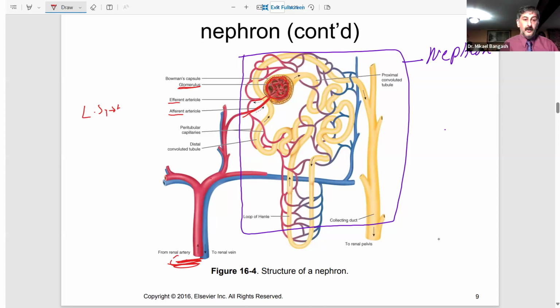We call it efferent so that we remember, as with the lymph node: the lymphatic vessel that brought lymph to the lymph node was the afferent, and the lymphatic vessel that carried lymph away from the lymph node was the efferent.